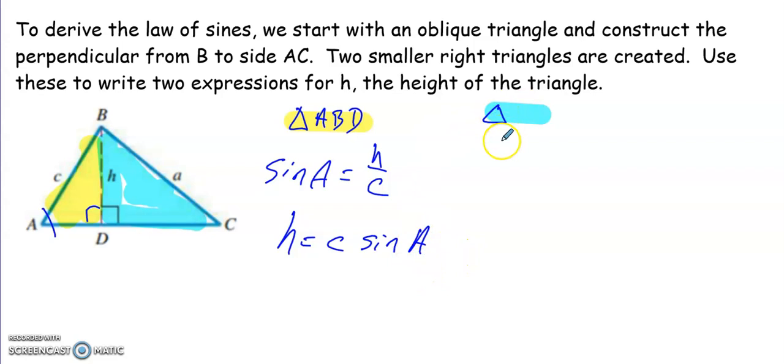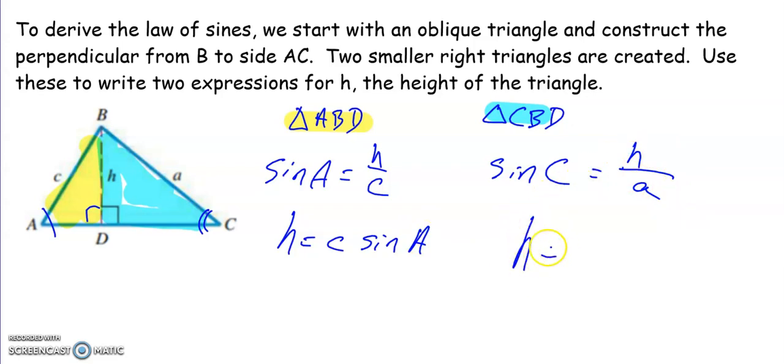Well, let's look at the blue triangle. The blue triangle is called CBD. Well, let's do sine with angle C now. So the sine of angle C, again, equals opposite over hypotenuse. Let's get h by itself.